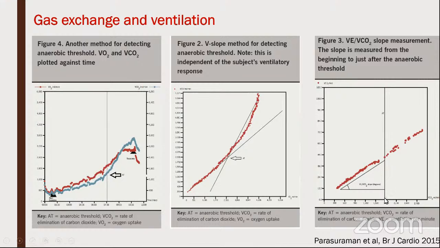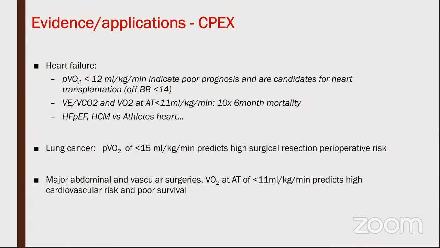If the angle is small, less than 30, then usually it's normal. If it becomes higher, more than 33 or 34, then it implies some problem with ventilation perfusion. The applications of CPEX are variable, and I've already mentioned it can be used in advanced heart failure.